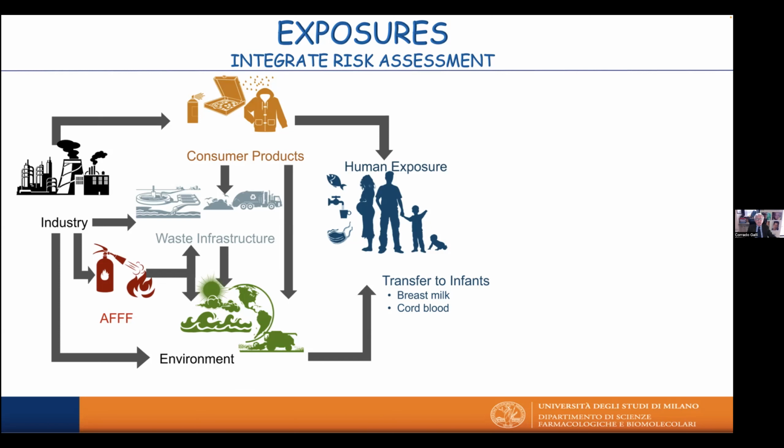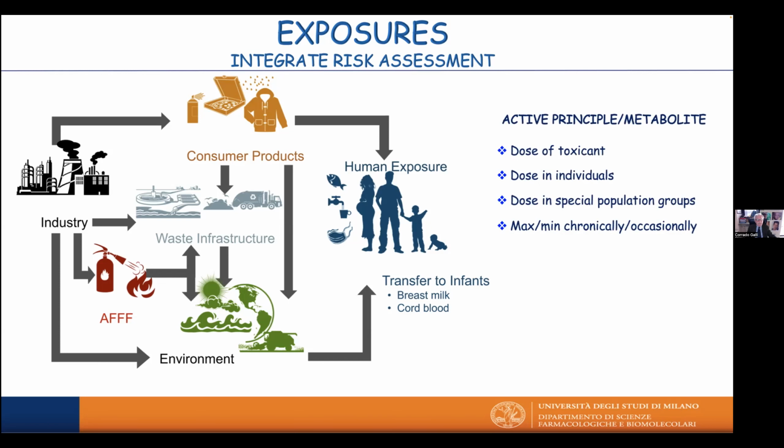But the exposure is not as easy as it appears, because we cannot consider just the exposure from one source. So we had to start to use integrated risk assessment. You have to not only know the dose of toxicant, but you should also have some information on the individual's exposure and on special population groups.